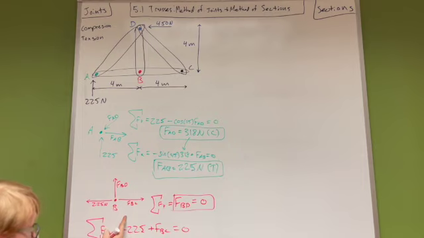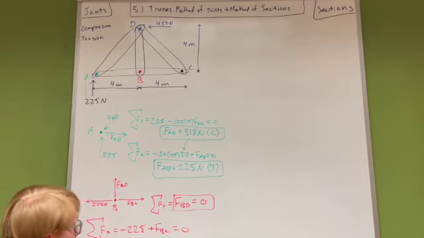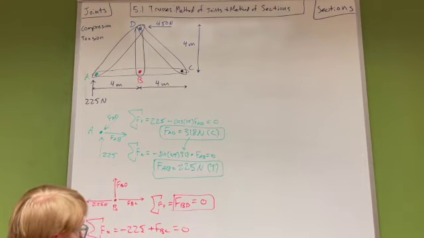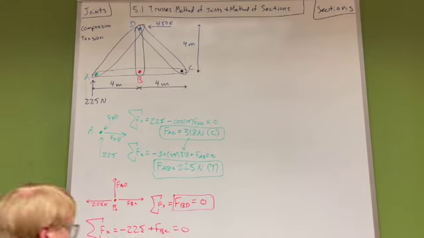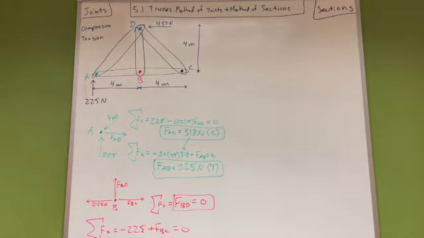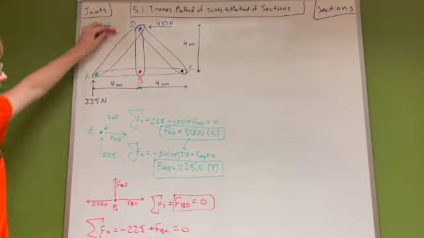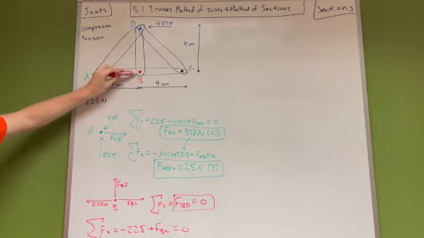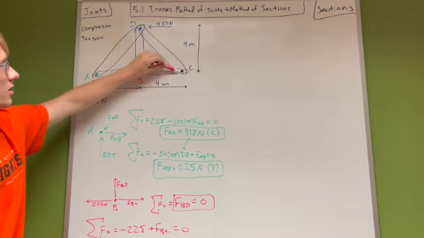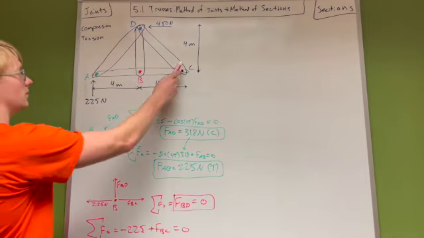And it is in tension, because it's pulling away from B. And so now we have AD, we have AB, we have BD, and we have BC. All we need now is CD.